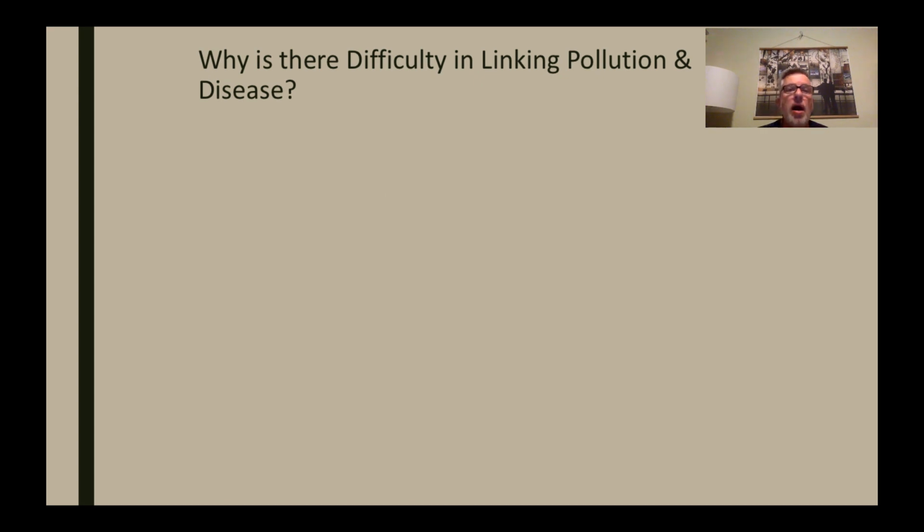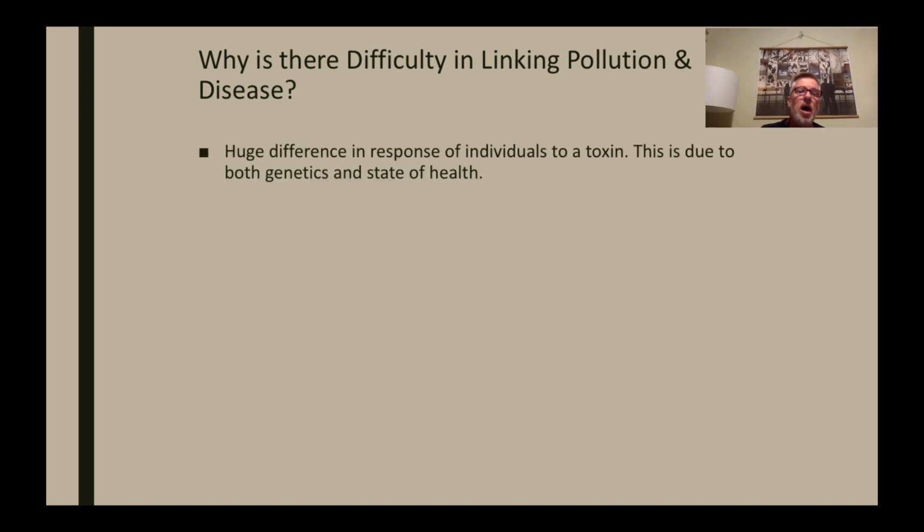First, let's look for a second about why there is difficulty in linking pollution to disease. So first of all, there are huge differences in the response of individuals to toxins, right? And this is due to both your genetics and your state of health, and sometimes even to chance aspects of your exposure.